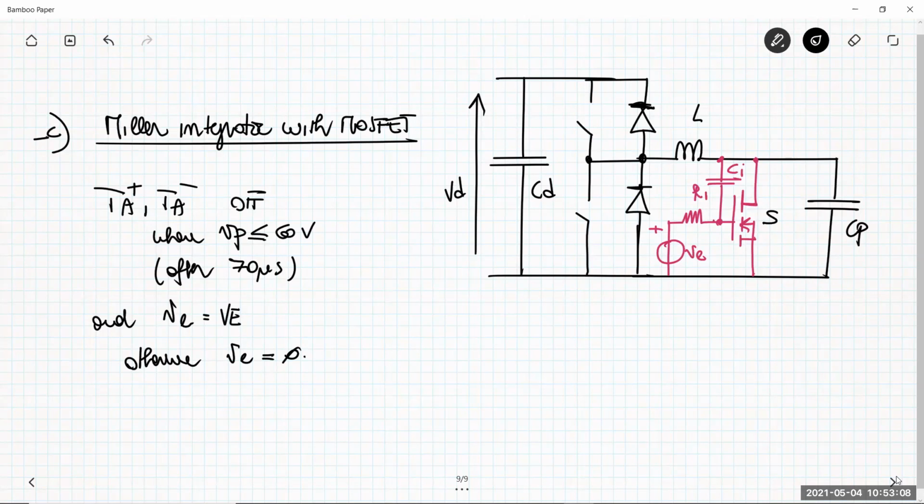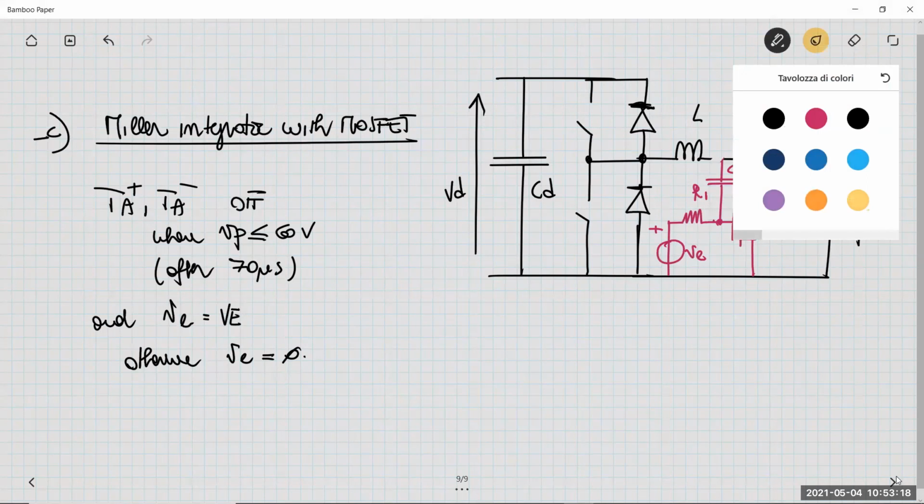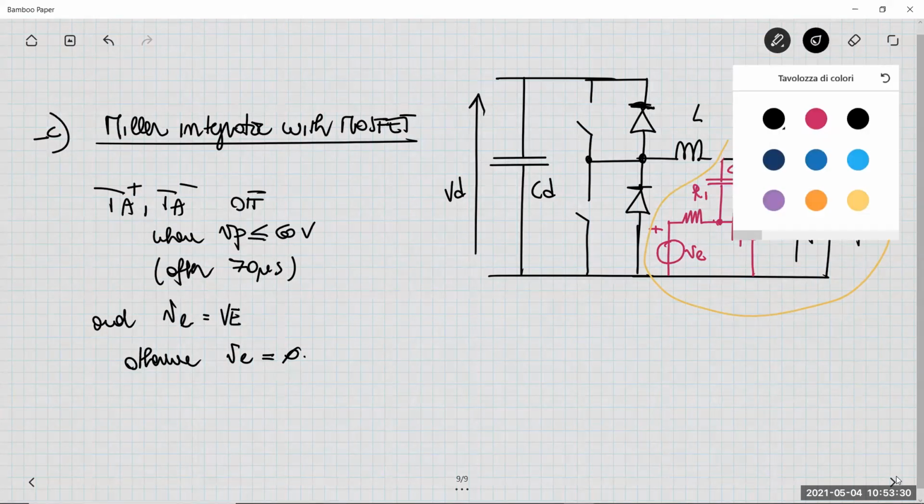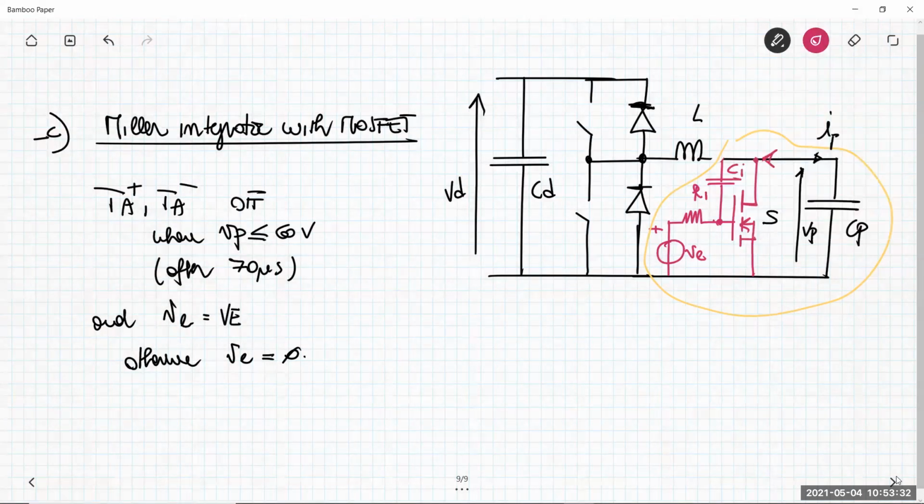So what happens during the time interval in which you have this circuit, the red one, activated? Then basically we have just this circuit here, okay, in which you have the voltage VP, the current IP here. The current is negative, so the current effectively positive direction is this one.